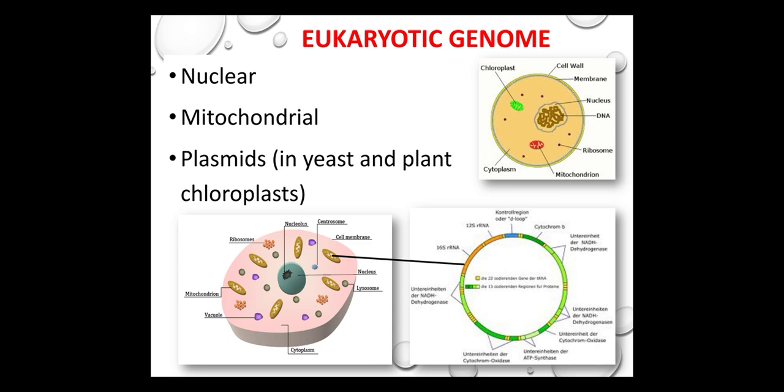So, as you can see, there are three pictures. The first picture in the upper right corner is an example of a eukaryotic genome. It has chloroplasts, a cell wall, a cell membrane, and a nucleus. Inside the nucleus, of course, is your DNA. There are also ribosomes, mitochondria, and cytoplasm.